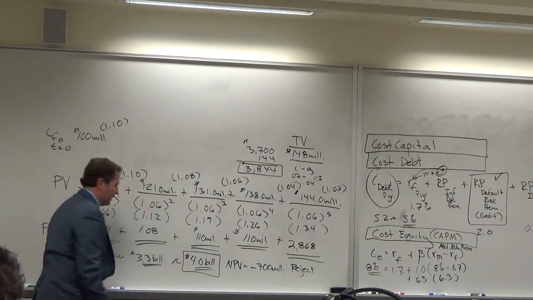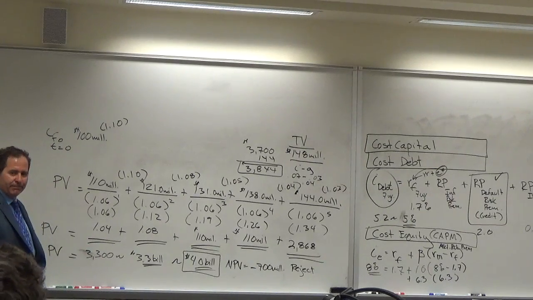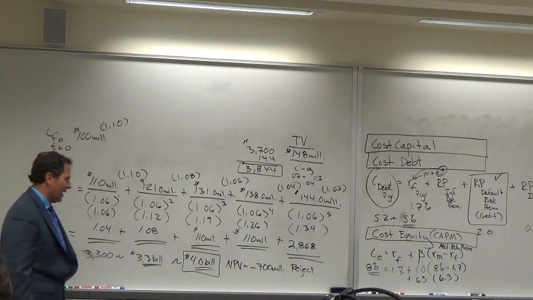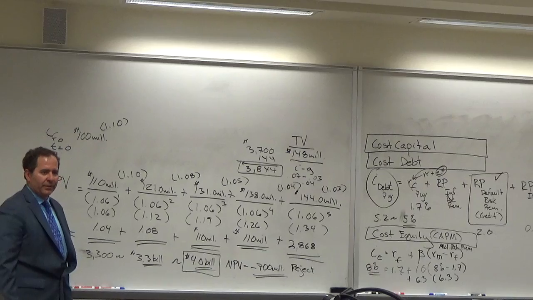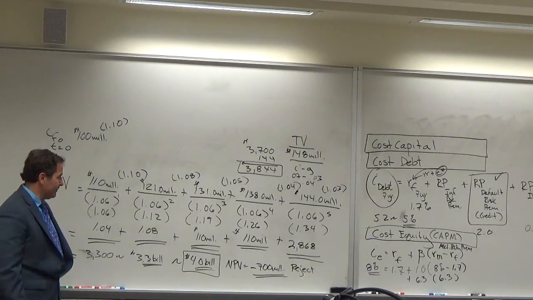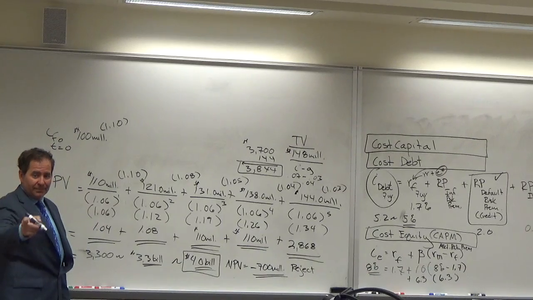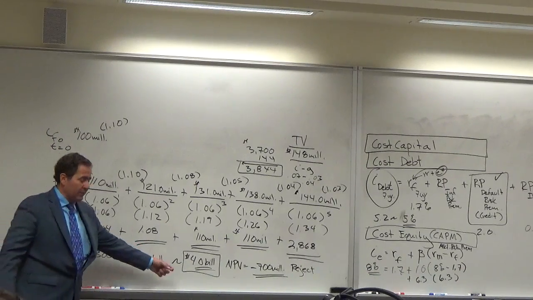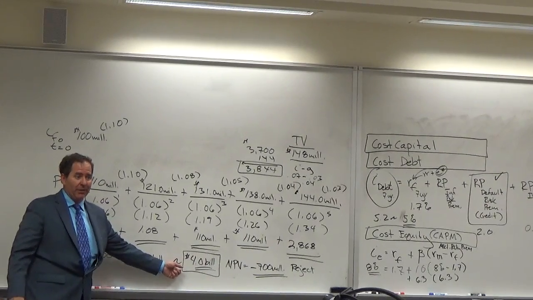So we talked to the sellers, they want $4 billion. But we're coming up with a present value of 3.3 billion. So we're getting a negative net present value of $700 million. And under the investment decision-making rules, we would reject it. But we really want it. So what do we do? Well, we're not building a project, we're negotiating with another company. So we'd ask for a lower price.